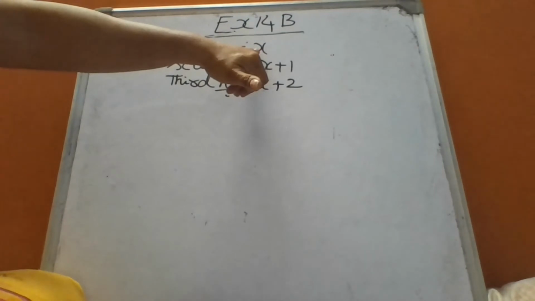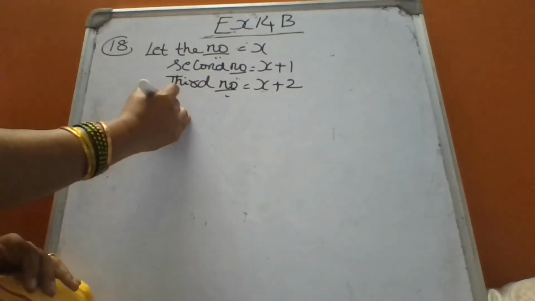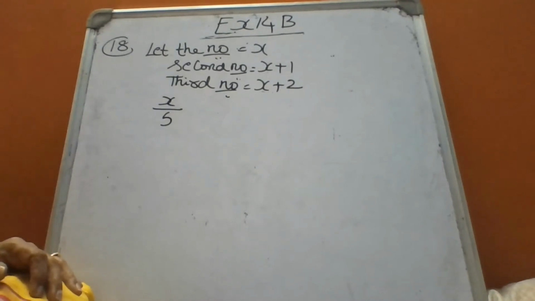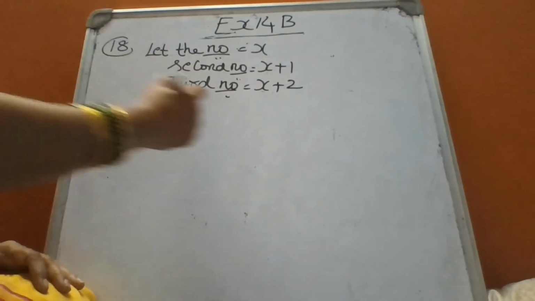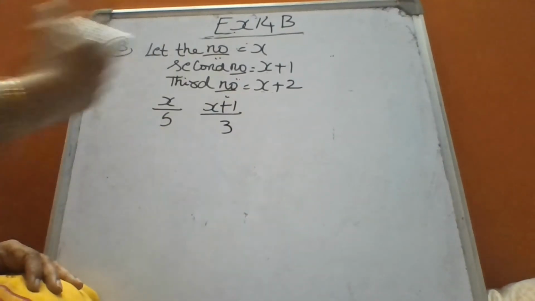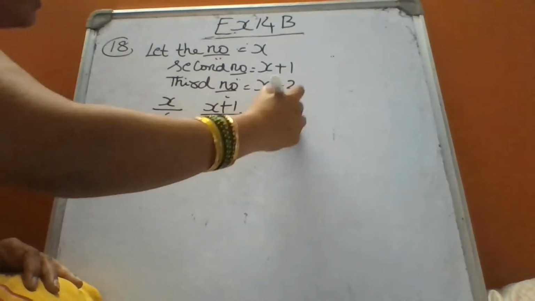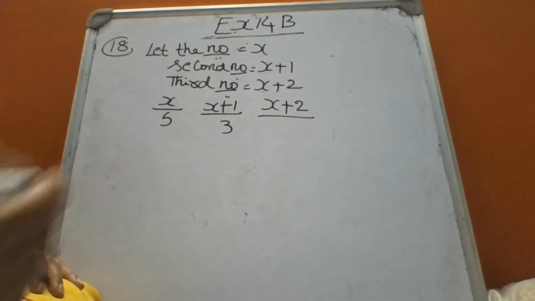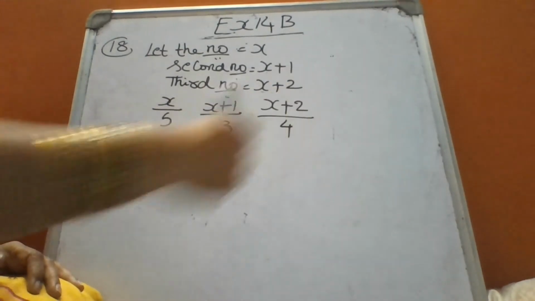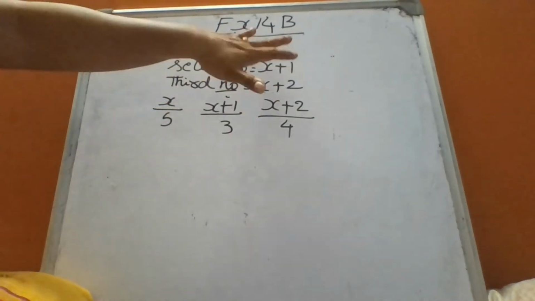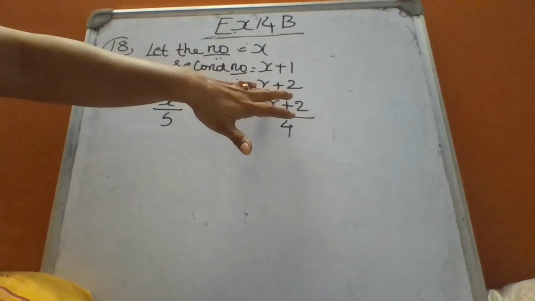divided by 5, the first number is divided by 5, and the second number, x plus 1, is divided by 3, and the third number is divided by 4 respectively. So there are 3 consecutive numbers x, x plus 1 and x plus 2.